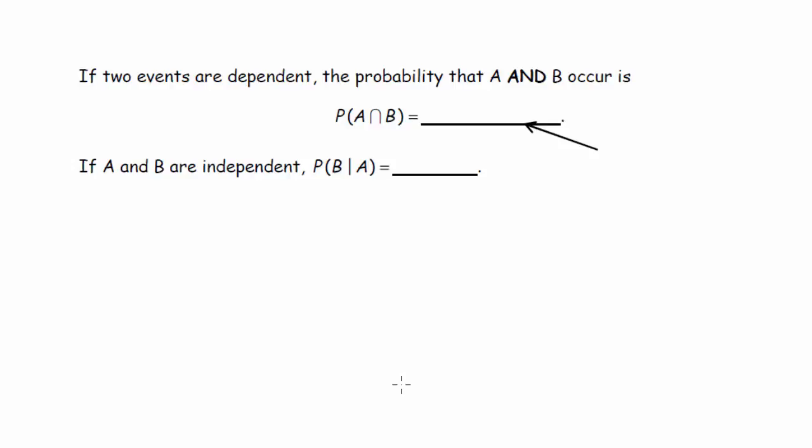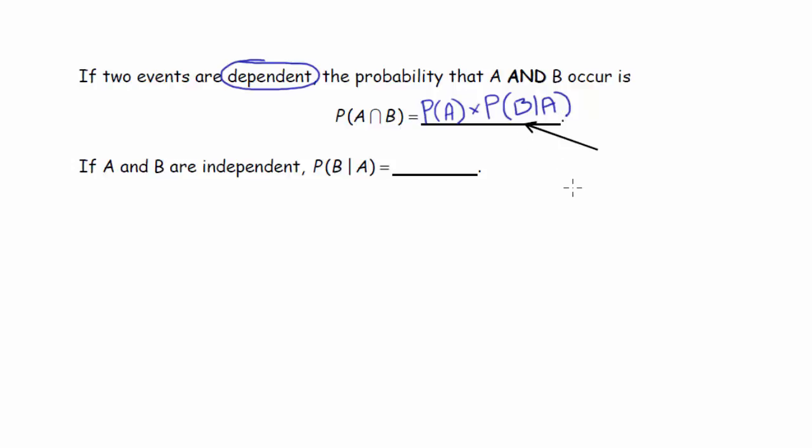Well, now we're looking at the case, what if they are dependent? Meaning my first event might affect my second event. Here we're going to take the probability of the first event and multiply it by the probability of the second event. However, we have to assume that the first event occurred.